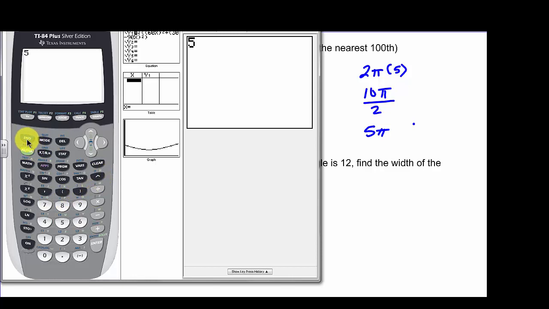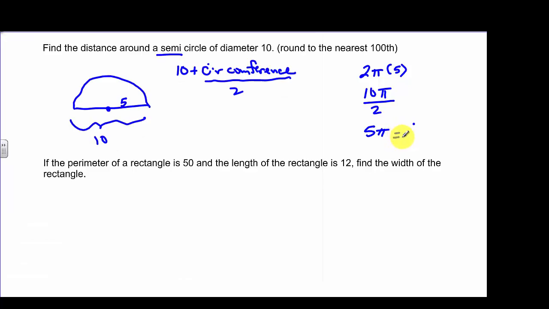So I go second pi, and I get 15.707, and it's said to round to the nearest hundredth, so that's going to equal 15.71. So then I go back over here and I say, well, that's just 10 plus 15.71, or 25.71. That's the centimeters.